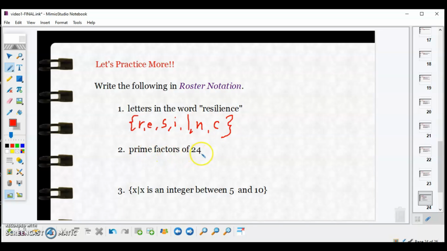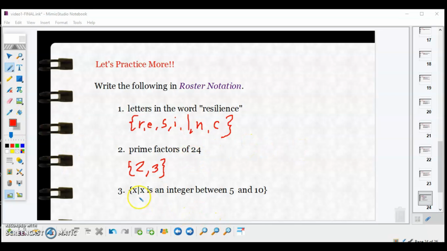Next would be prime factors of 24. So we already know the definition of prime numbers, and we just have to take the prime factors of 24 only, starting off with 2, 3, and that's it. Nothing follows. Okay? So we just have to omit or erase this comma. 2 and 3.